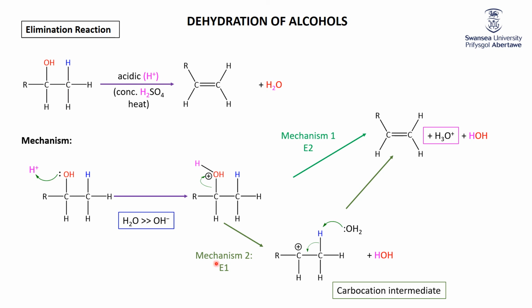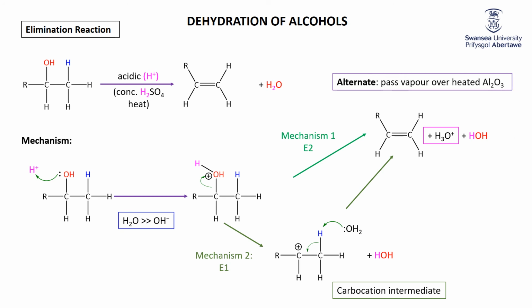This one down here, however, is a first order elimination because you only need this species here to get to the intermediate, and then the second species, the water, comes in to abstract the H as a second step. So confusingly, E2, one step from the intermediate up there; E1, two steps from the intermediate to your final products.